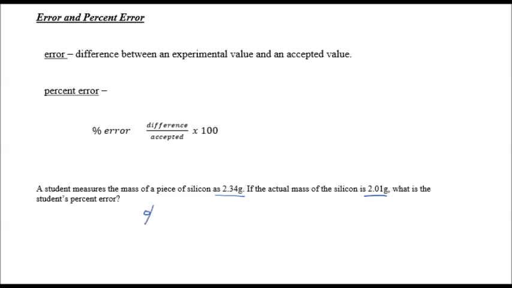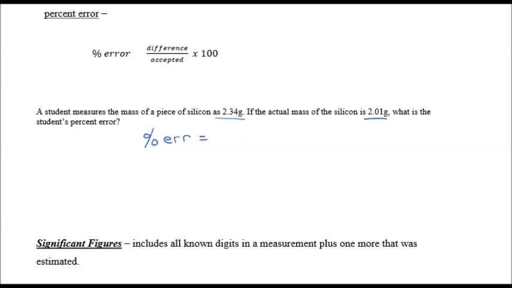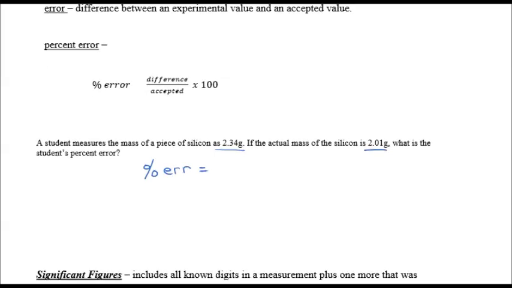So we do ESA for the class, equation, substitution, answer. So percent error is equal to the difference between the two values over the accepted times 100.